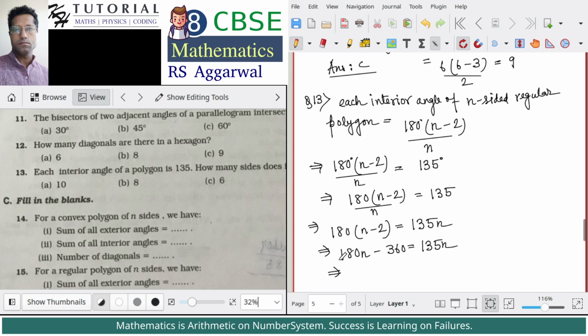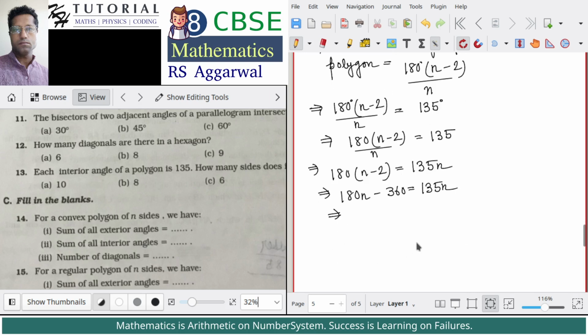Bringing all the n terms to the left hand side and the constant to the right hand side, we have 180 n minus 135 n is equal to 360. So 45 n is equal to 360.